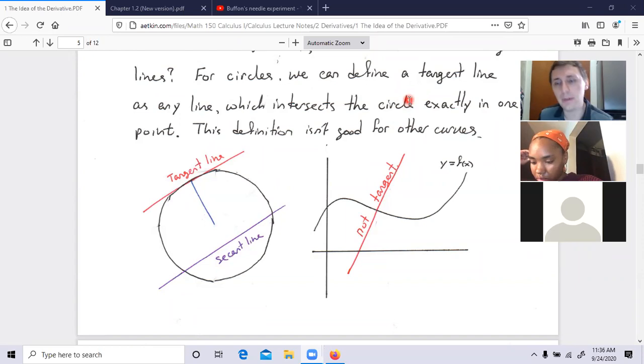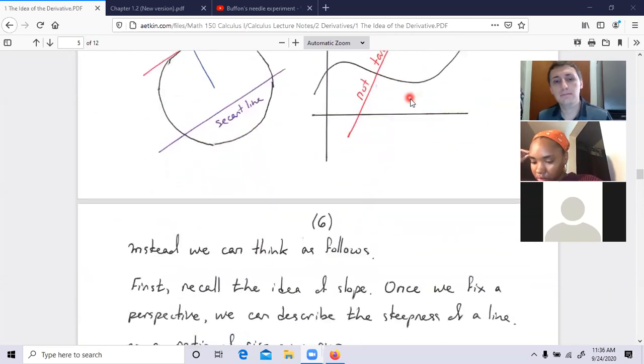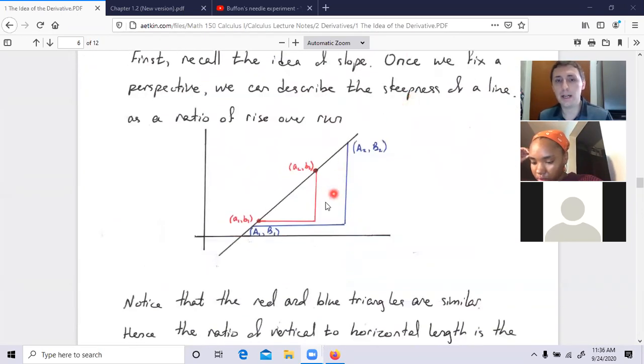All right, let's talk about it together, guys. Look at the typical line. Now I can take 2 points on the line. Let's take the 2 red points. You see me? 2 red points. I can draw a horizontal and a vertical line and create a right triangle. This is one right triangle I create. I can take any other 2 points and create another right triangle.